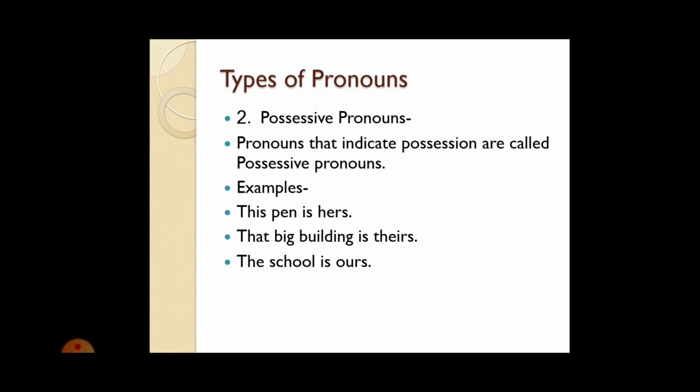That big building is theirs. In this particular sentence, theirs is an example of a possessive pronoun. The school is ours. In this statement, ours is an example of a possessive pronoun. Why are these pronouns called possessive pronouns? Because they show the possession.